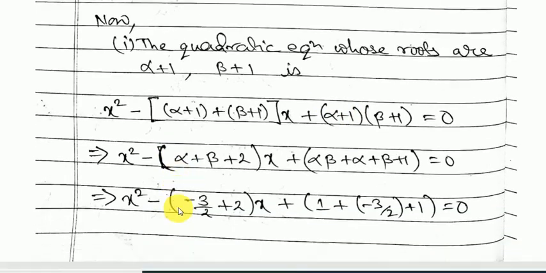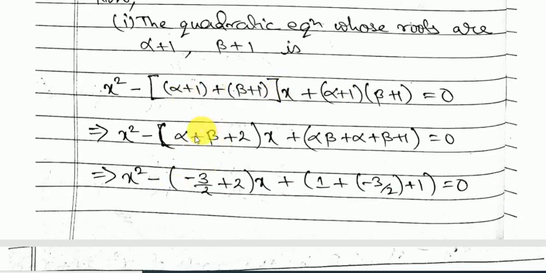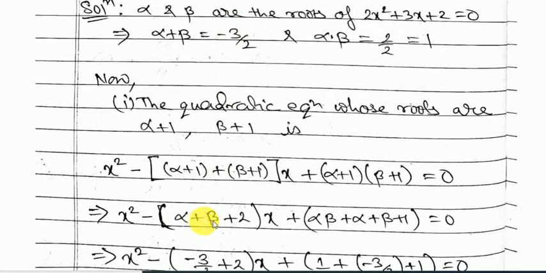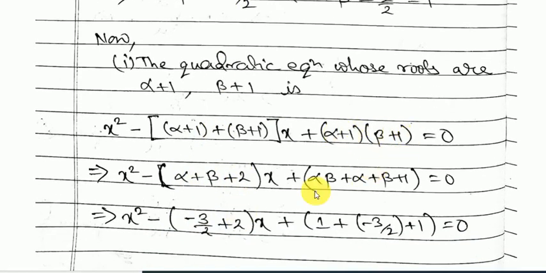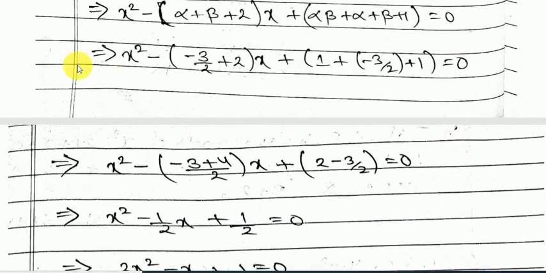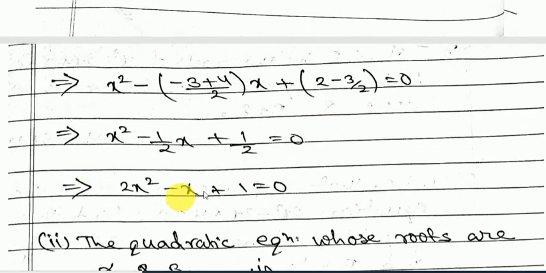So when you simplify this, you get alpha plus beta plus 2. So simply you can use the alpha plus beta value over here. And here when you simplify you get alpha into beta plus alpha plus beta plus 1. So here also you simply get it. In the next step, substitute those values, simplify it, and you get the equation.